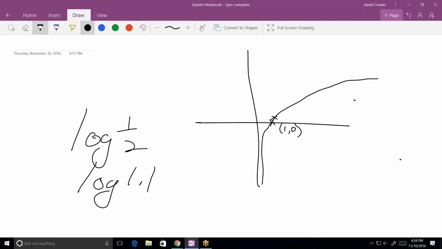And one other interesting thing about logs in the 2 minutes is this is the flattest function you will ever see. I have to go 2 miles in that direction to move up by 12 inches. In other words, this rises extremely slowly.